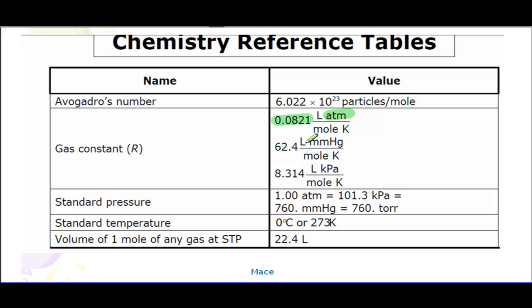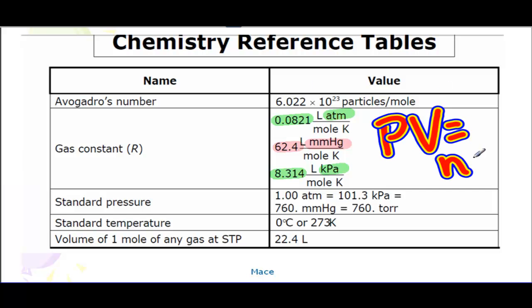When we have millimeters of mercury, you have 62.4, and when we have kPa, you use 8.314. So here's where you're going to find all of your values. And what you might want to do, just so you don't forget, is write PV equals nRT on your reference packet right there where you'll remember where to find it.